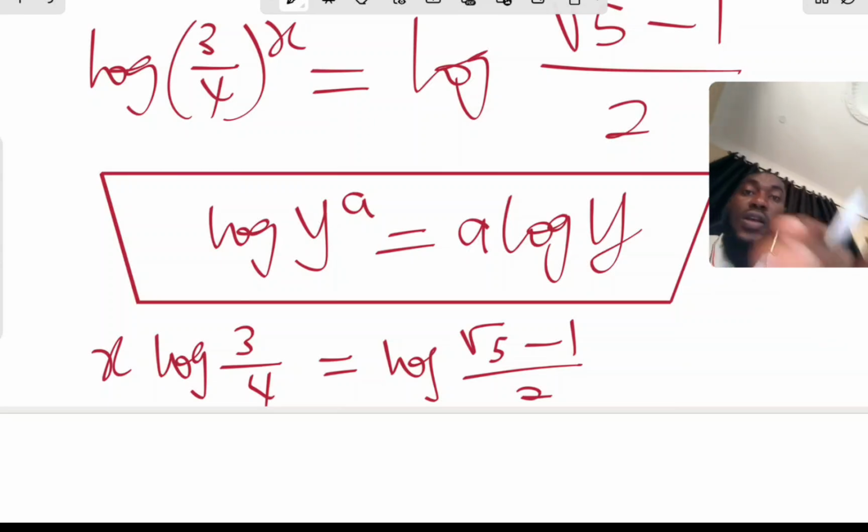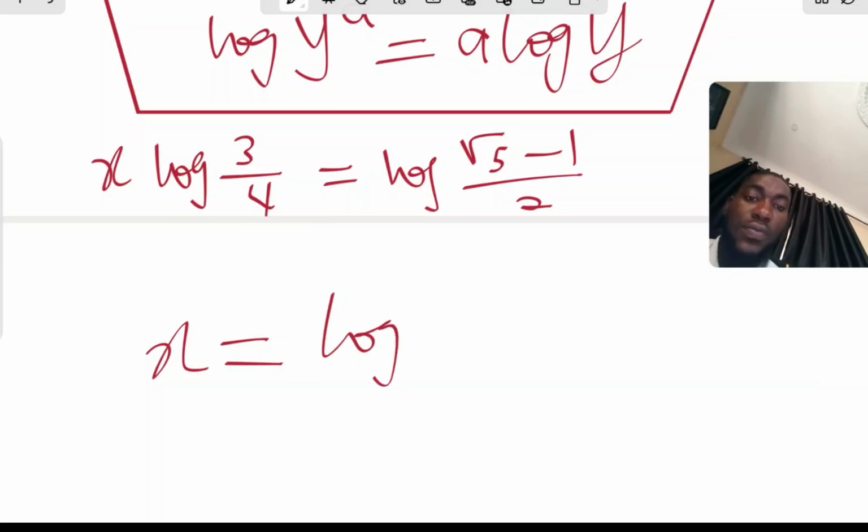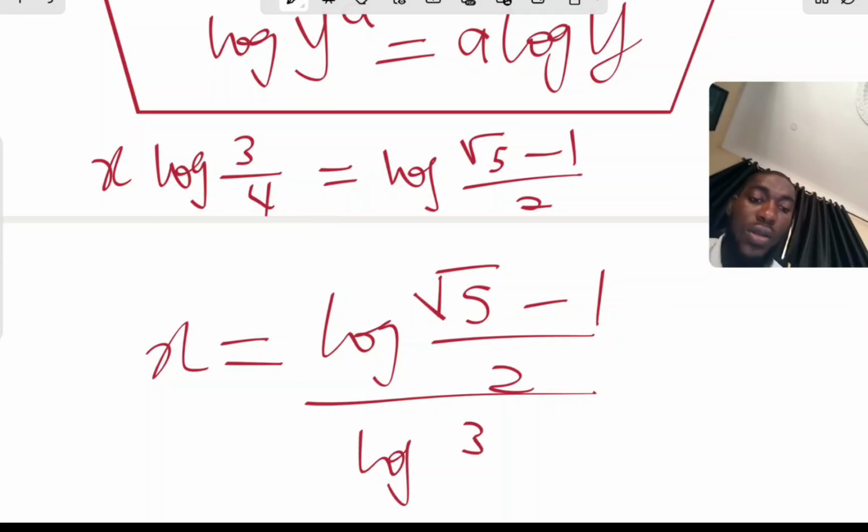So this will also give us x equal to log of root 5 minus 1 over 2, all over log 3 over 4.